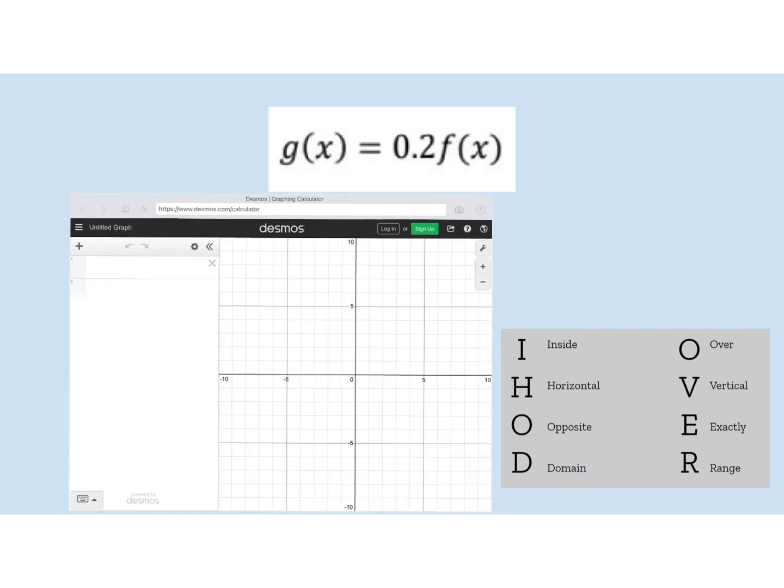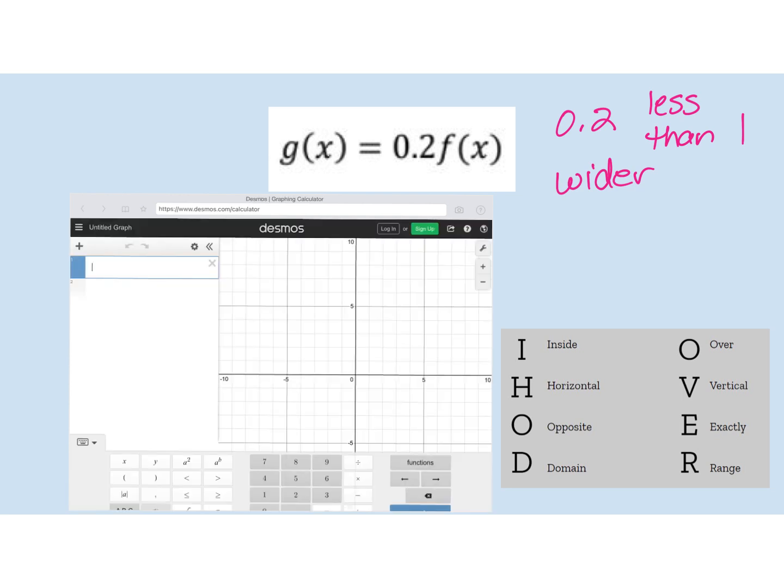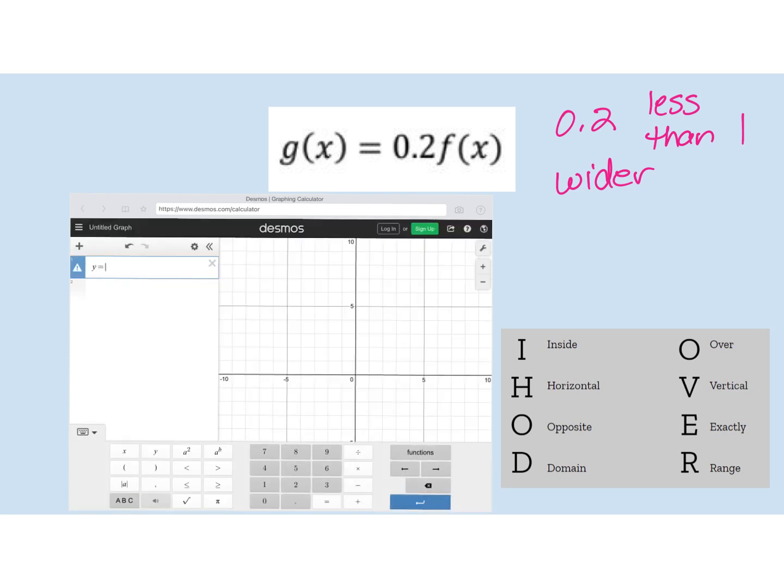Let's try. So in this case, we have 0.2, which is less than 1. So our graph should be looking wider. So let's see what this looks like. If I go to graph this, remember Desmos is our friend. So now I have 0.2. Whoops, I guess I should put a y equals x squared.